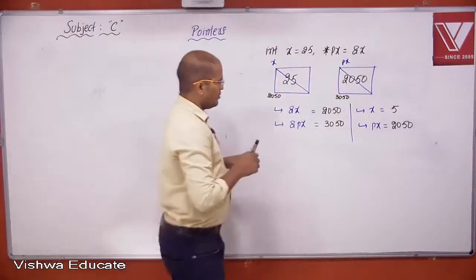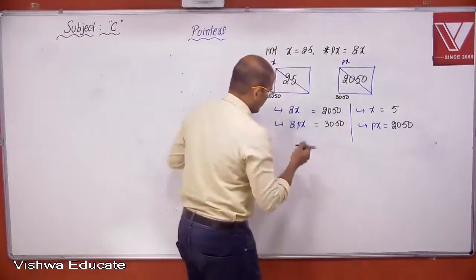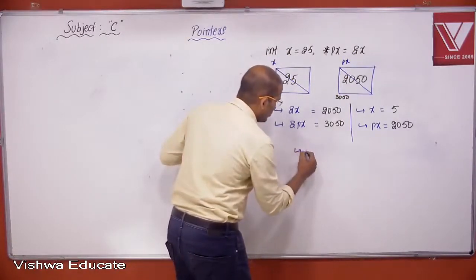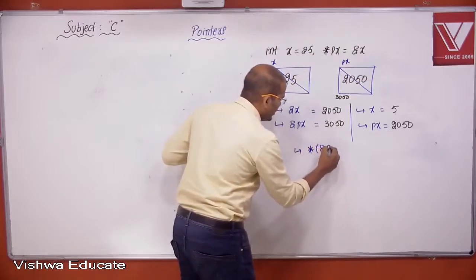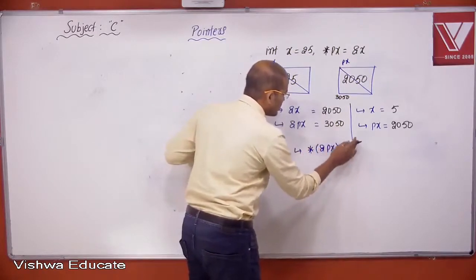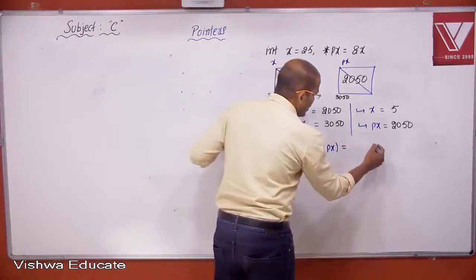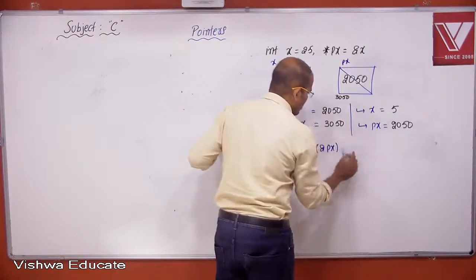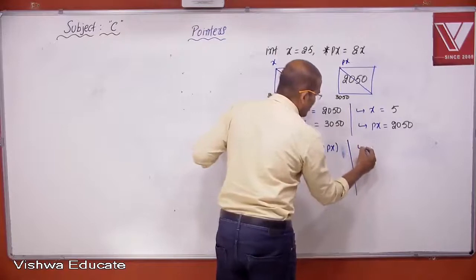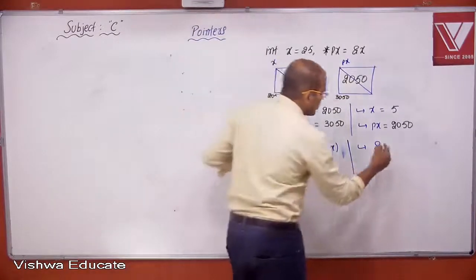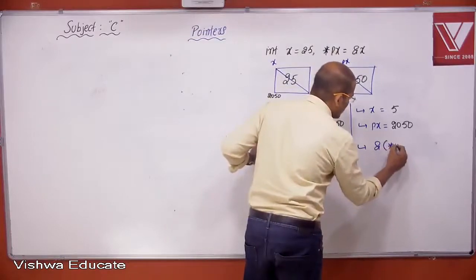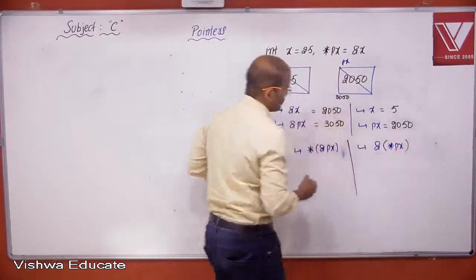Now the question is, what is the value at address of px, and what is the address of value at px?